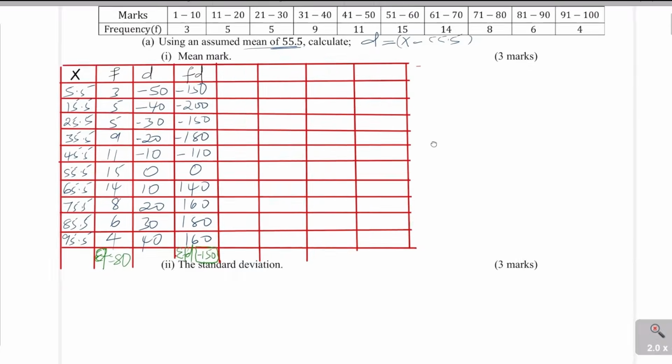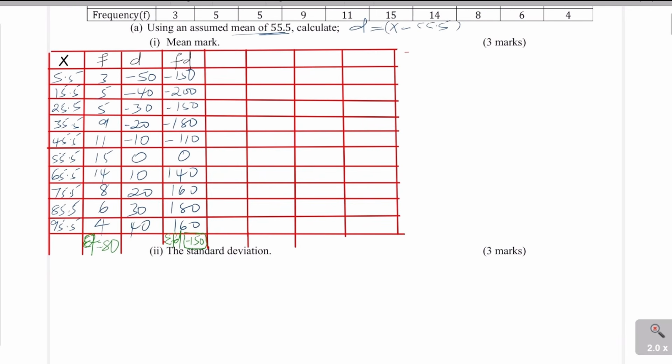Now we have the formula. Remember the formula for calculating the actual mean using the assumed mean: actual mean is given by assumed mean plus the summation of FD divided by the summation of F. We have the assumed mean as 55.5 plus summation of FD, which is -150, divided by summation of frequency, which is 80.